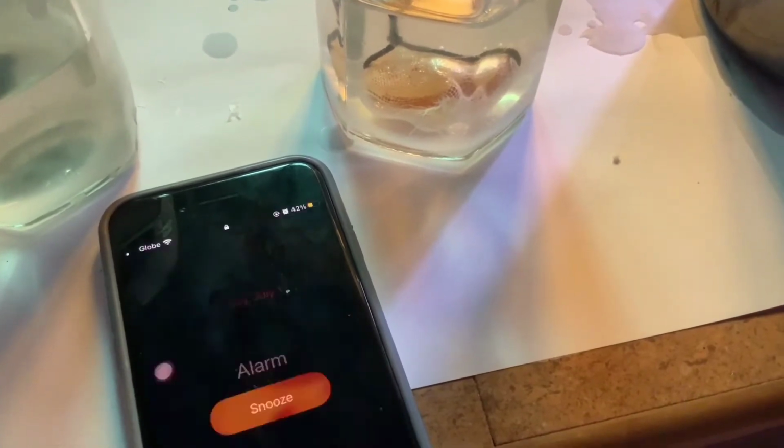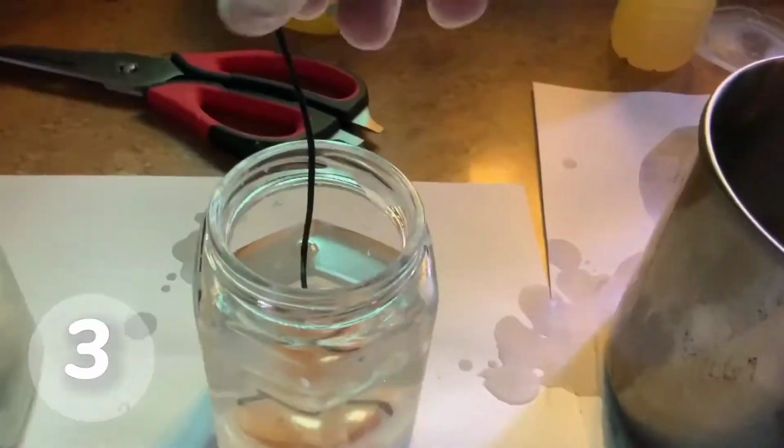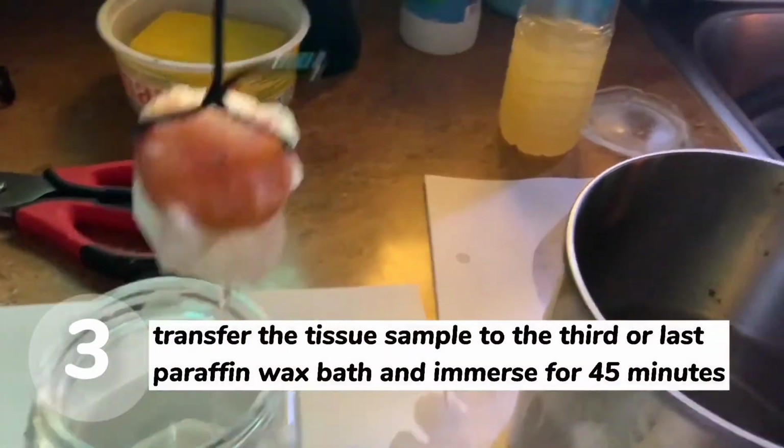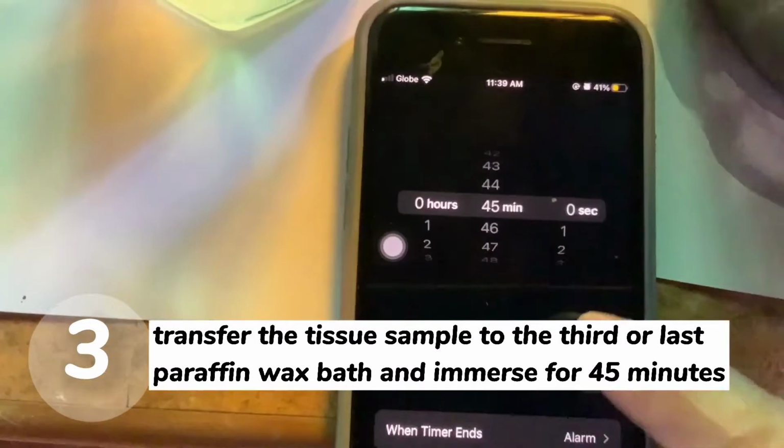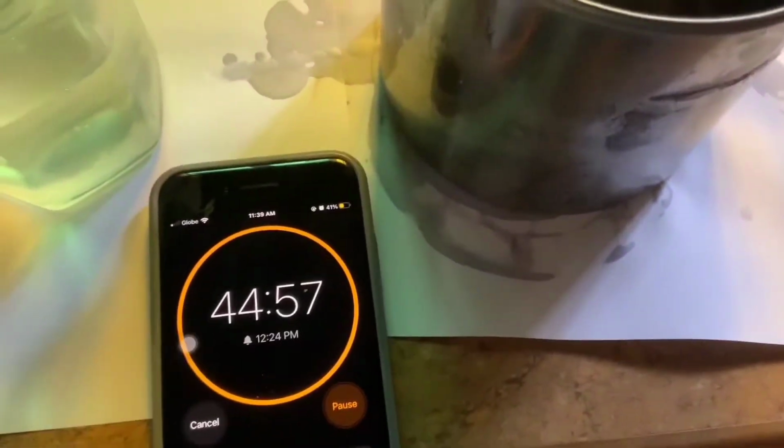Once it is finished, transfer the tissue sample to the third and last paraffin wax bath and immerse it for 45 minutes.